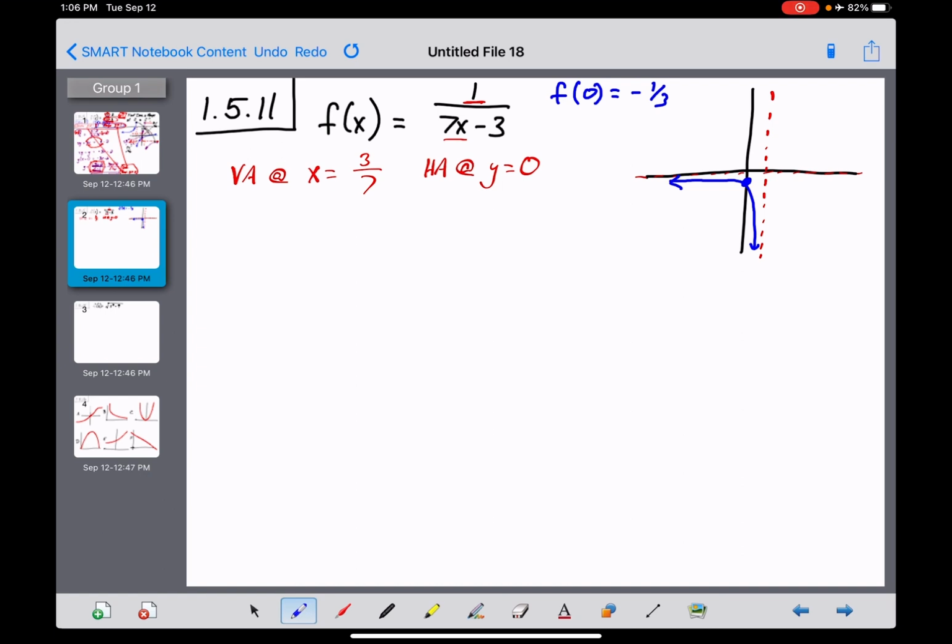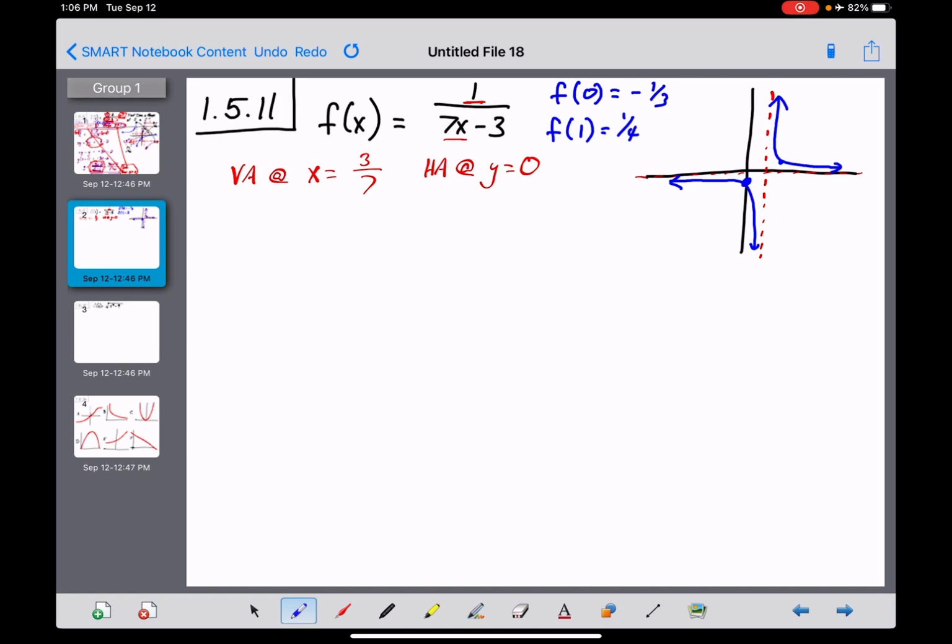Now I think on the other part it's in the top right, but let's find out here. What if we did f of 1? That's going to get us a 1 on the top and a 4 on the bottom. So 1/4. Yeah, the actual details of this, guys, and the spacing aren't really important. We're really just trying to find out what quadrants this thing exists in.